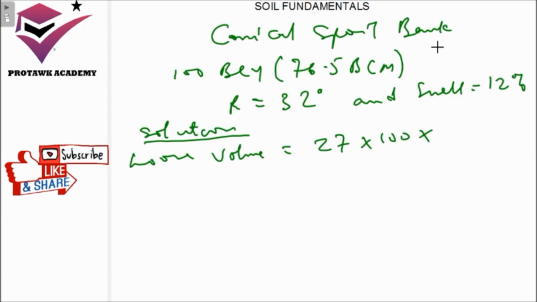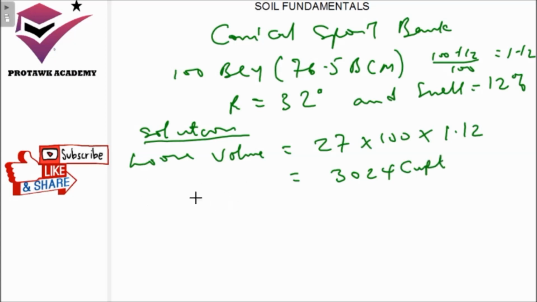Remember, we are given a swell of 12%. So 100% plus 12 is 112. When you divide this by 100, it will give you 1.12. So we are going to multiply by 1.12. If we do this, we'll have 3024 cubic feet.